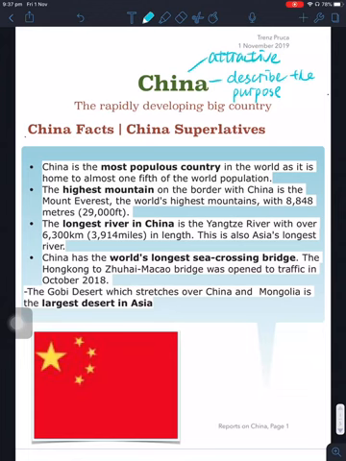And the other thing is, in this paragraph, they also highlighted things that the writer wants to emphasize. This is a very good strategy when you are writing down your content.